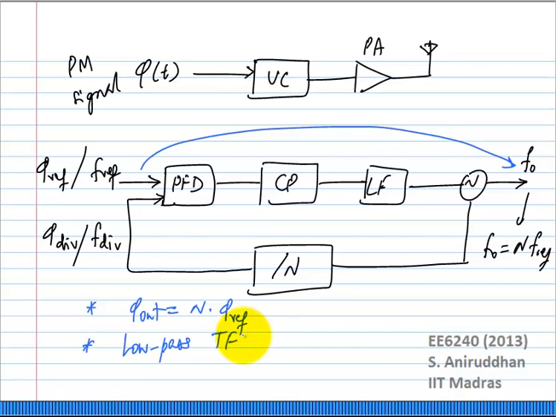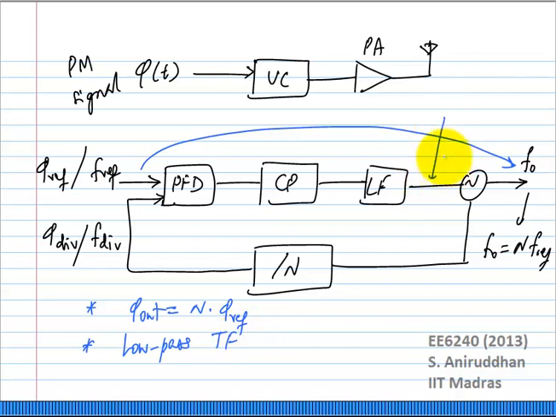So now what do I need to do? If I want to transmit a certain phi of t at the output, what do I need to do? At the VCO you can give phi of t.